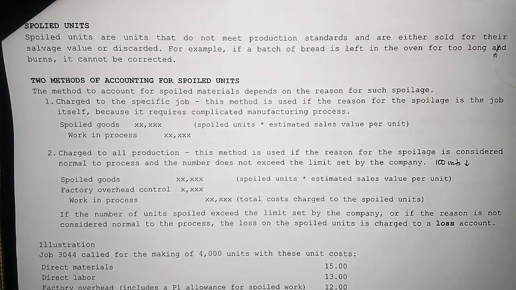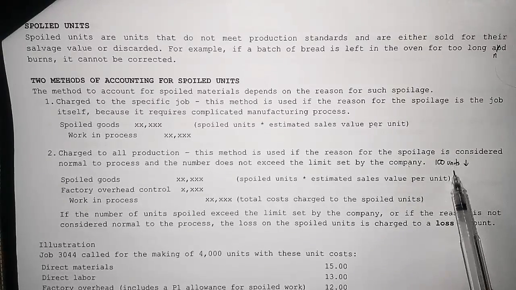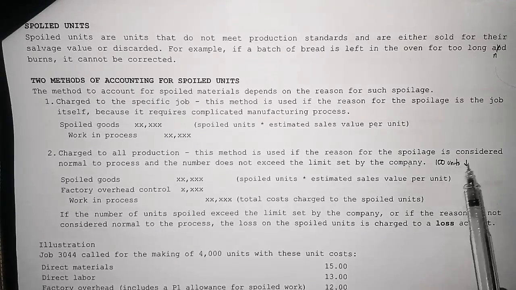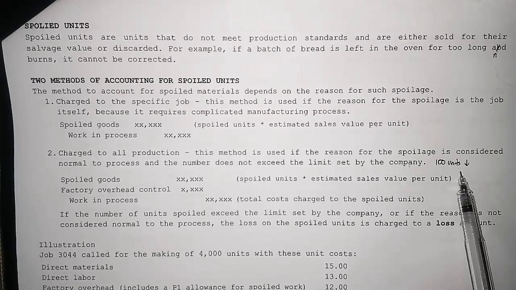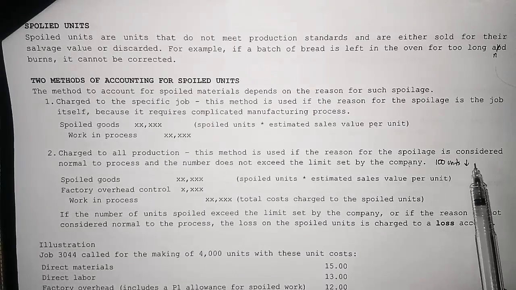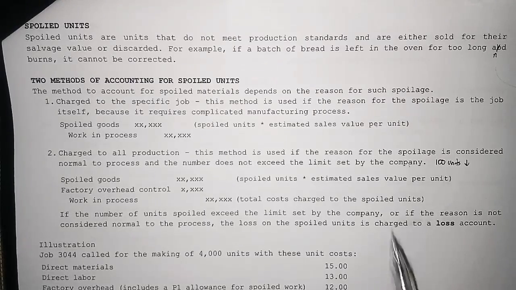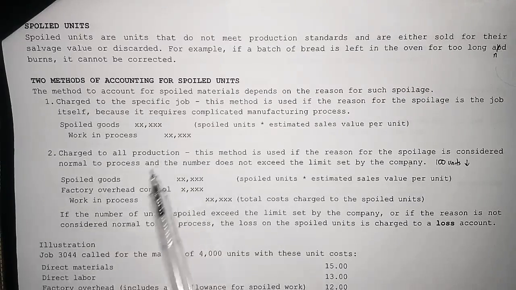Ibig sabihin, kapag nagkaroon ng spoiled units sa production at ang quantity lang ng spoiled units is 100 units pababa, still considered yan as normal spoilage. Kapag nag-exceed ng 100, hindi na yan normal spoilage. Abnormal spoilage na yan.